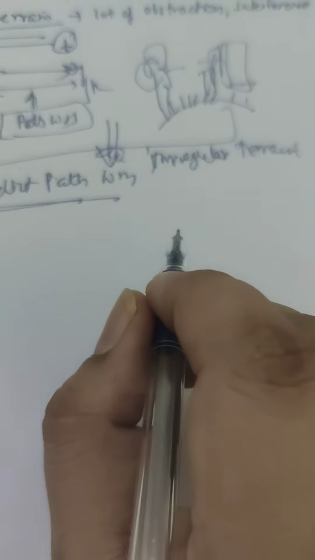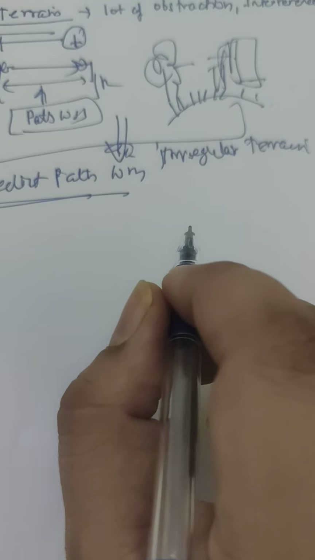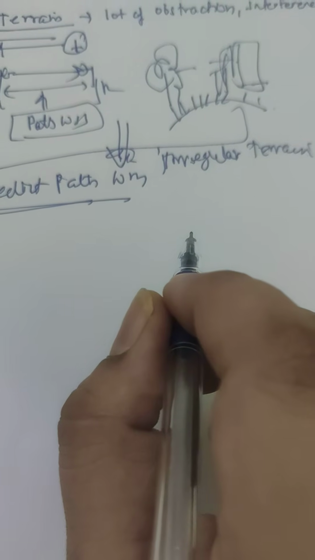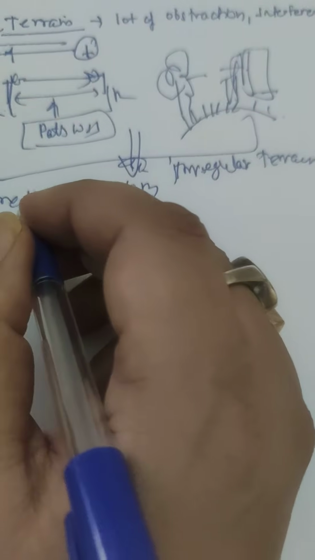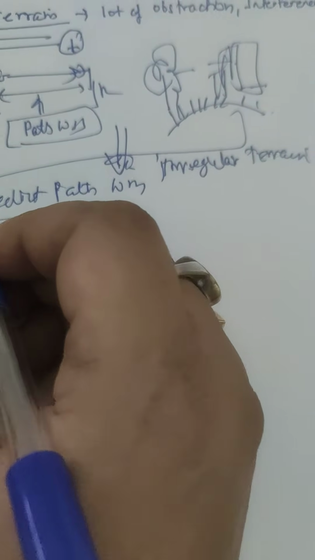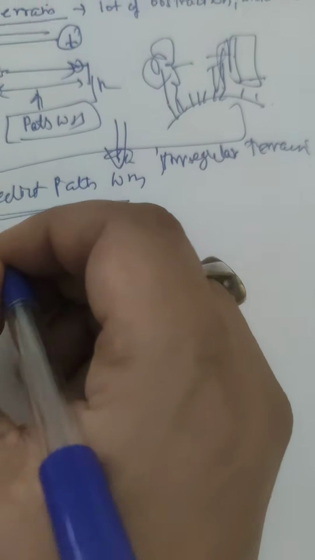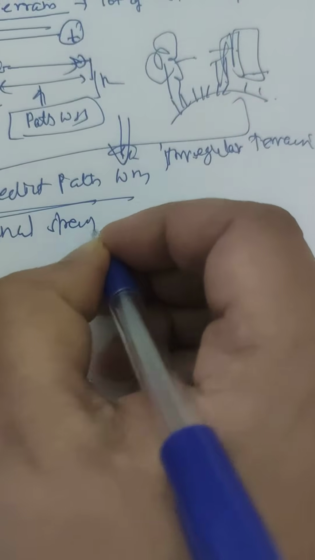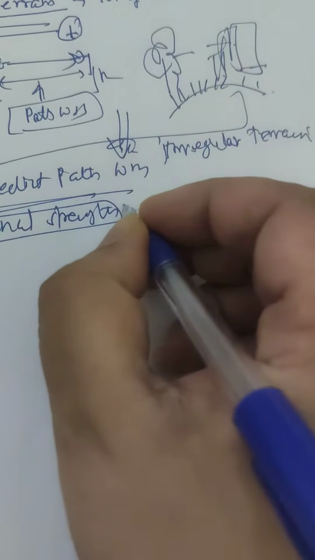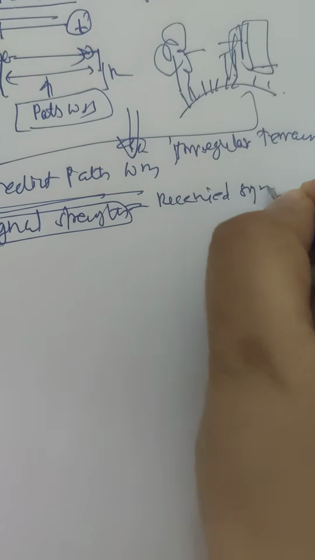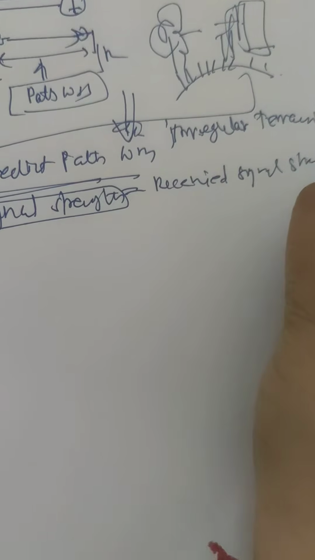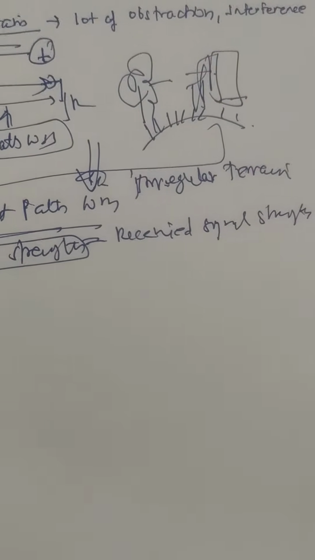So what happens in this irregular terrain? A number of propagation models are available to predict the path loss. All these models aim to predict the signal strength, meaning the received signal strength.